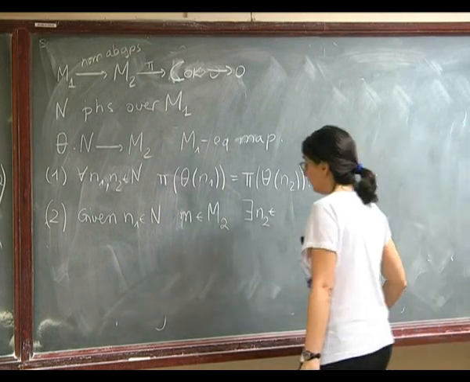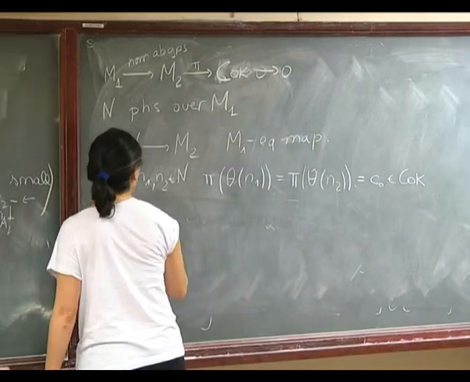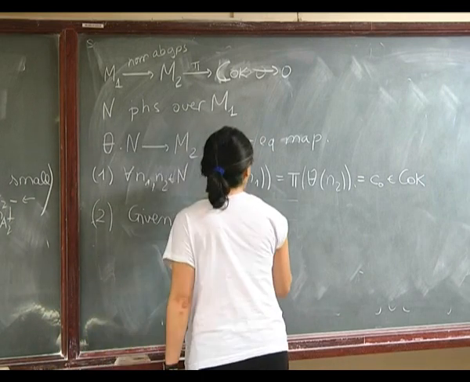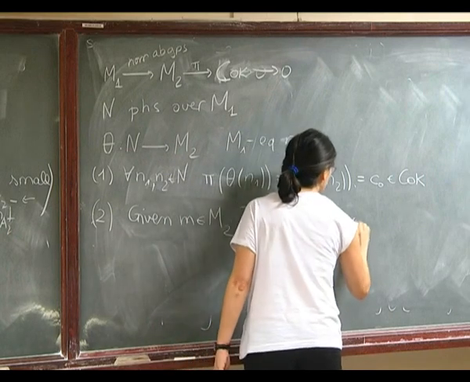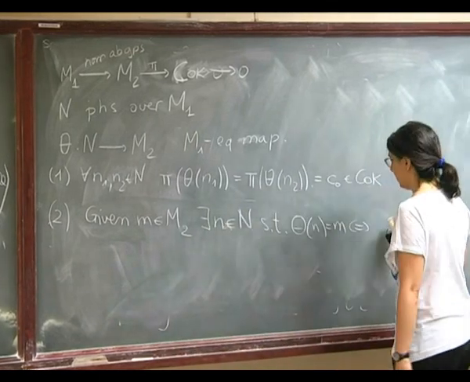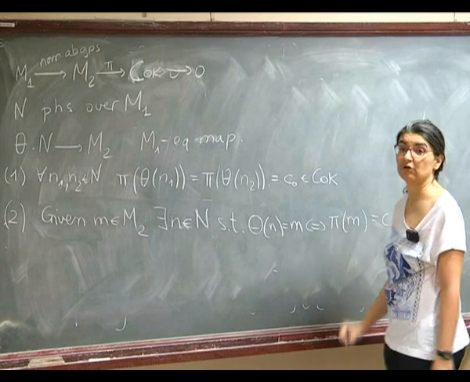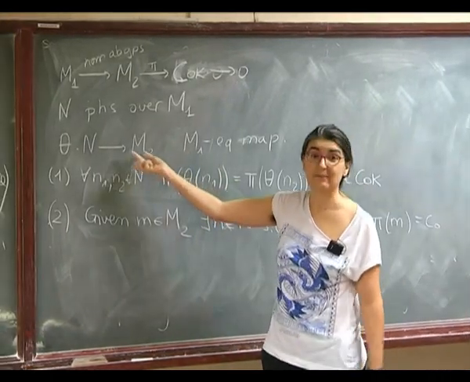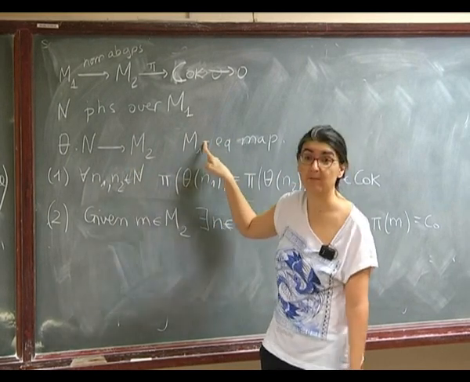Now, given an m in M2, there exists an n in N such that theta of n is m if and only if pi of m is C0. Because if you have two elements in M2 which have the same image, then the difference comes from M1.